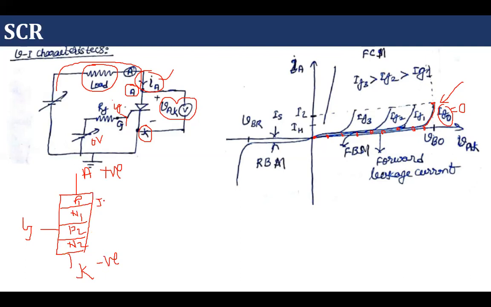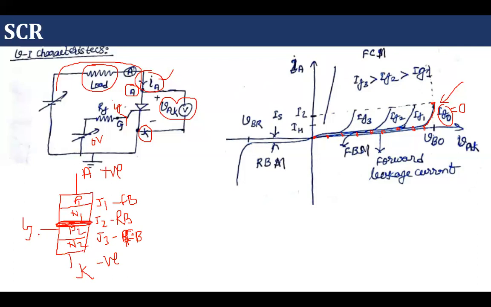Junction J1 will be forward bias, J2 will be reverse bias, and J3 will also be forward bias. So we have two junctions forward bias and one junction reverse bias. That means the blocking of current is happening due to junction number 2.